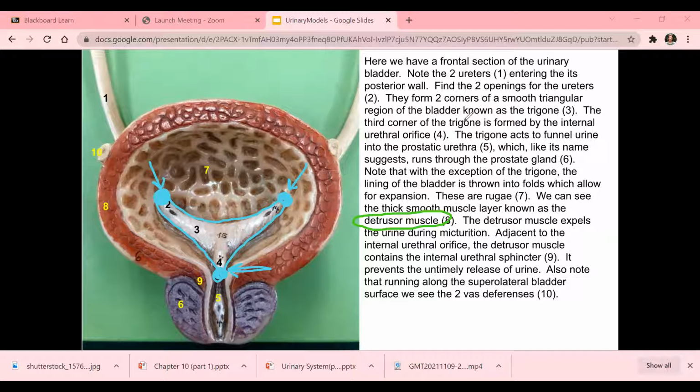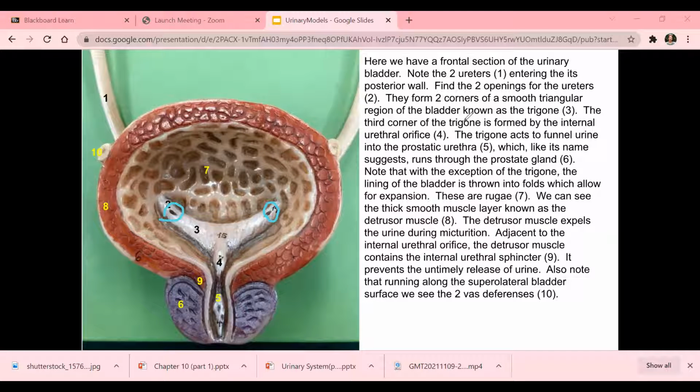The other thing which you need to know about this picture is the ureters don't open to the top part of the bladder. They don't open here. The ureters go to the back of the bladder and open in the posterior wall. And in this picture, you can see these 2 openings here.